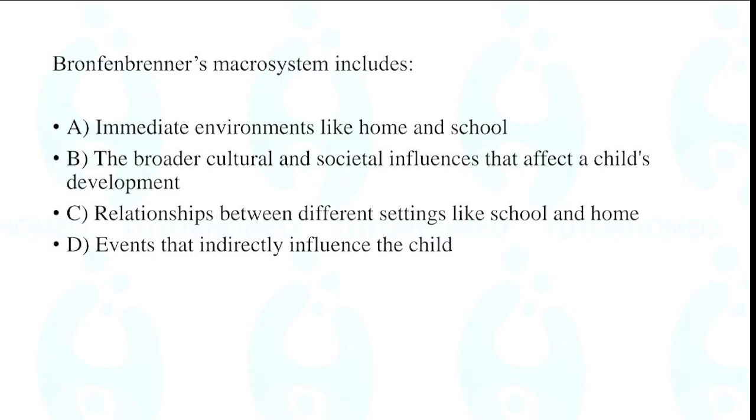Basically, the macro system represents a broader societal and political context. Because cultural, societal, or political context can influence a child's development, the macro system includes the broader cultural and societal influences that affect the child's development.